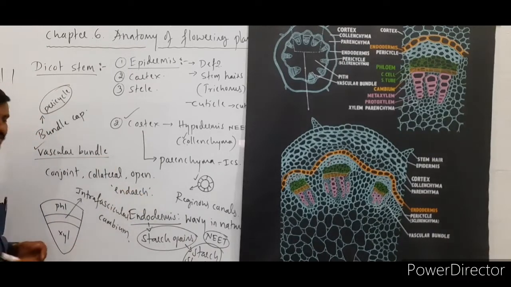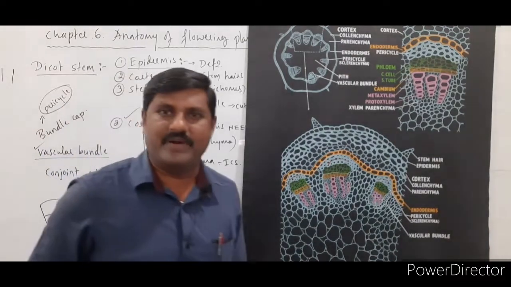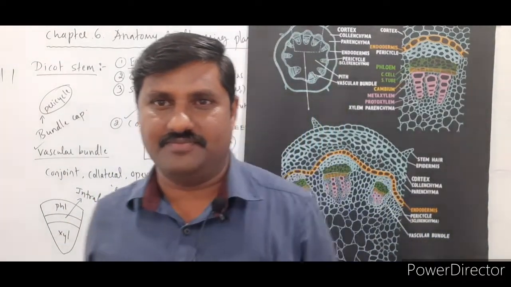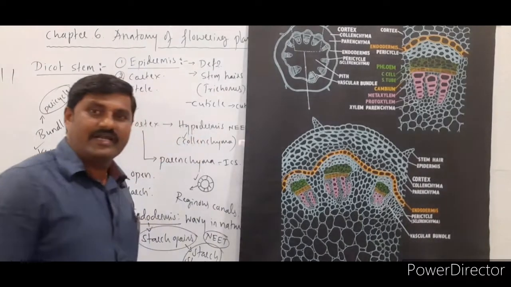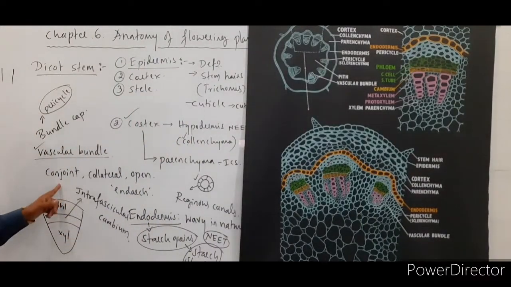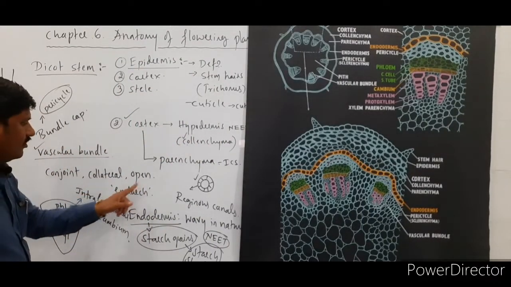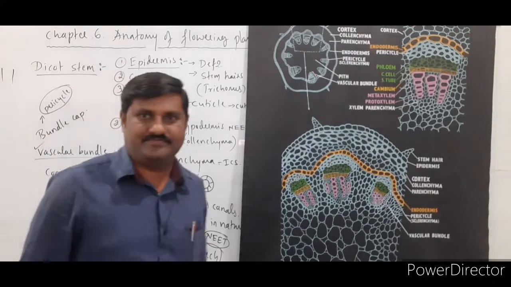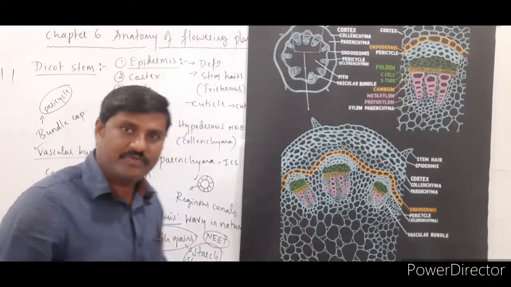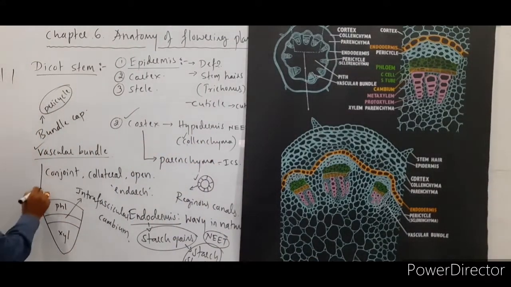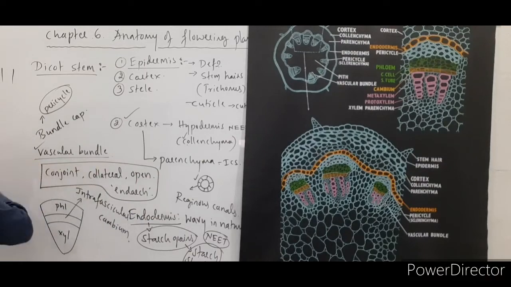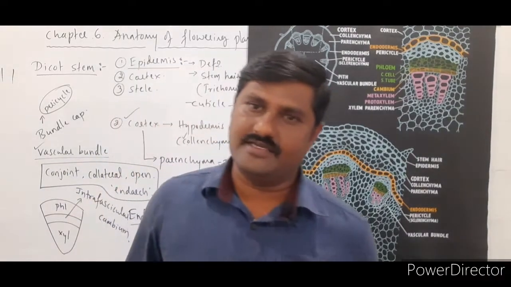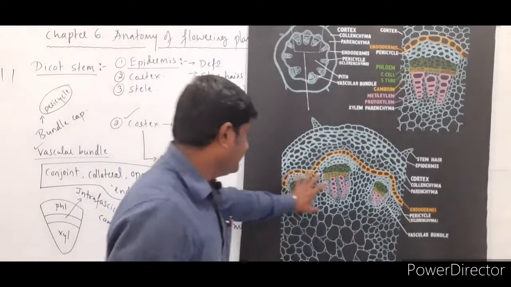This is how we describe the vascular bundles in case of dicot stem. Remember? So what kind of vascular bundles are seen over here? Conjoint, collateral, open type and endarch. So these words should be very familiar to you.